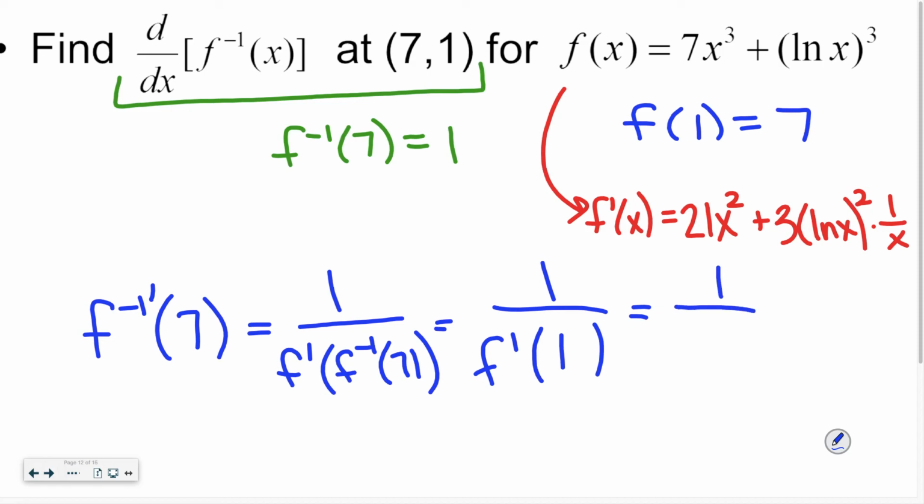So then what we need is f prime of 1. 21 times 1 squared plus 3, what's the natural log of 1? 0. So our derivative at 1 is 21.